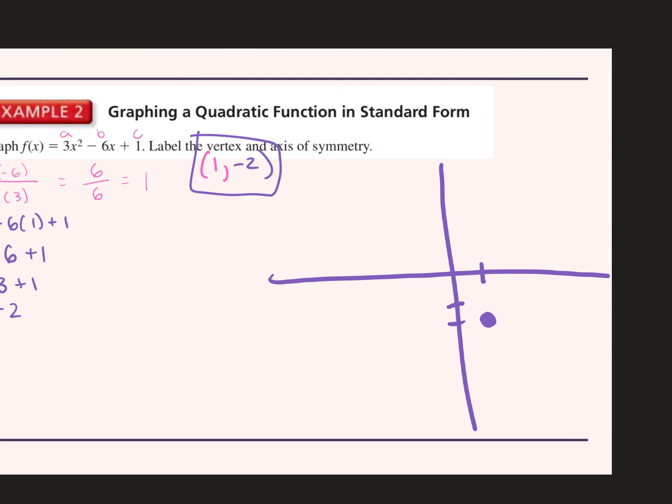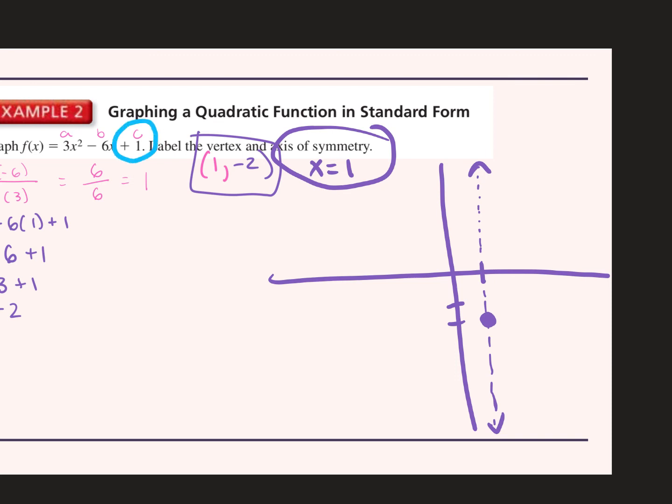What's my axis of symmetry? Just 1. X equals 1. So my axis of symmetry is x equals 1. So I'm going to put a line right through my vertex. And when our function that's given to us is in standard form, we don't need to plug in to find another point.